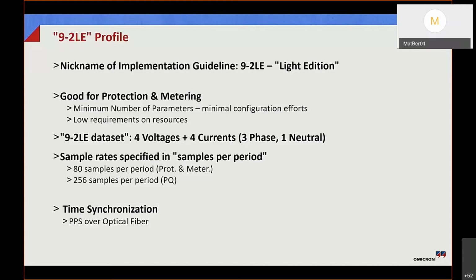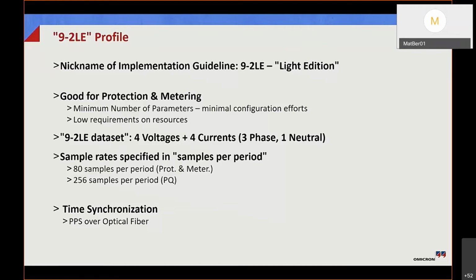There were sample rates at that time specified still in samples per period. And we will focus on these 80 samples per period, which is good for protection and metering. And the power quality version was also defined, but we will not go into this.